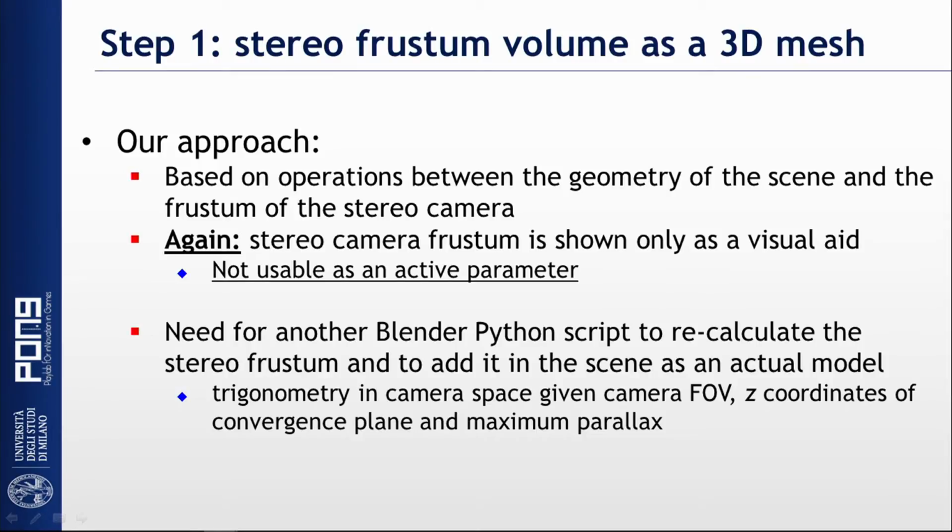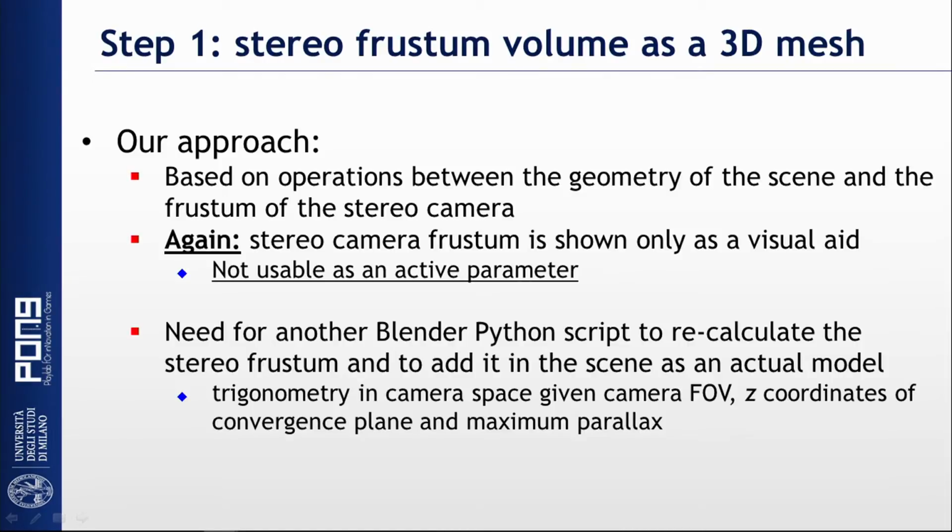So we had, again, to implement a Python script in Blender to recalculate the vertices of the planes building the camera frustum, and use these vertices to create an actual 3D model to add in the graph of the scene, in order to use it for our purposes.